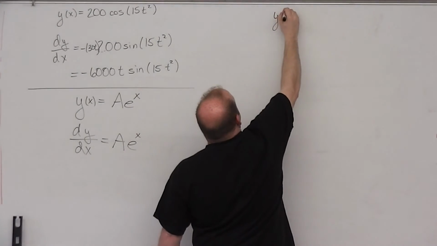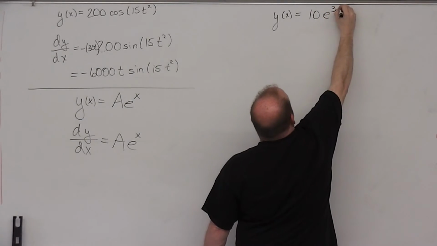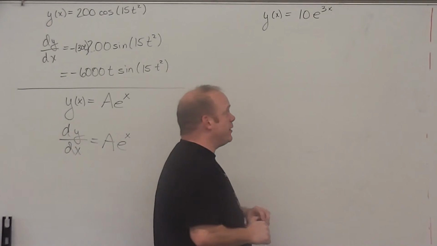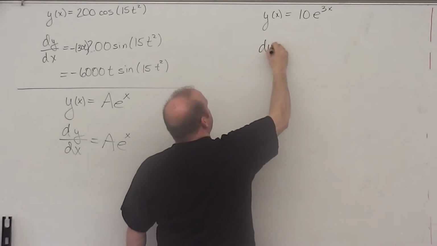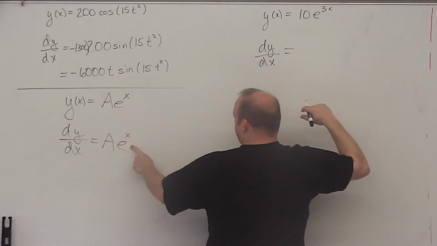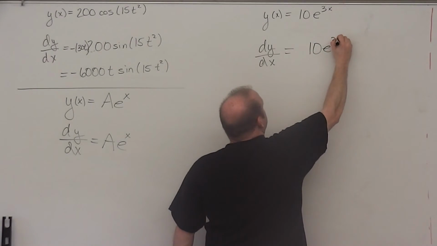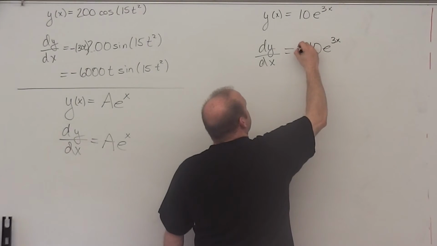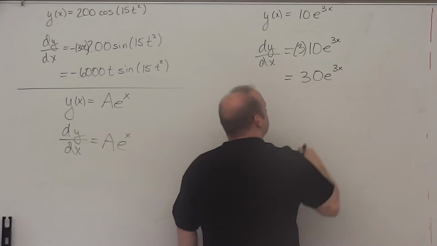So let's just say y of x is equal to 10 e to the 3x. Figure out how to edit, then this will be a very, very short lecture. So I want the derivative of 10 e to the 3x. So now dy dx, okay, it's just the function, the derivative of an exponential is itself, so it's going to be the 10 e to the 3x times the derivative of this. So that's going to be the derivative of 3x is 3. So I wind up with 30 e to the 3x. Okay.